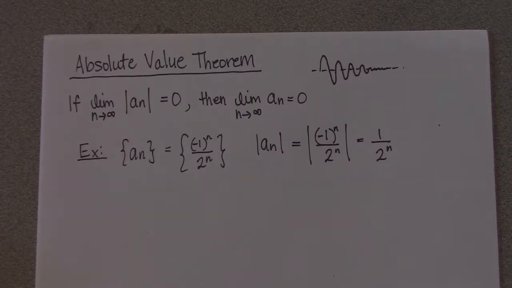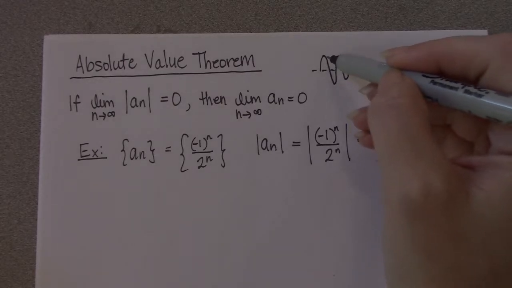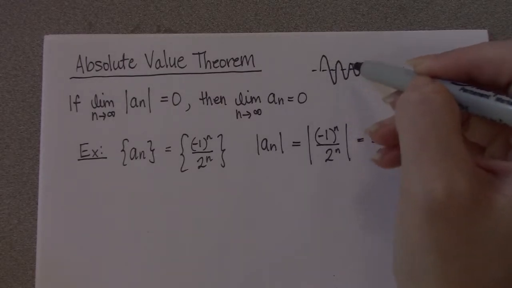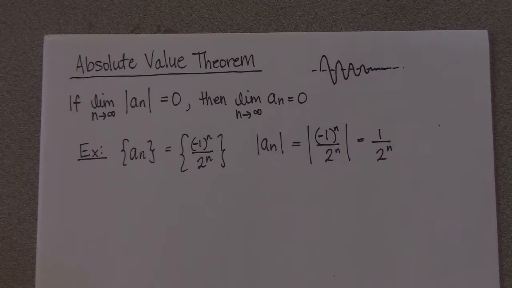So if you were to actually graph this, like if we looked at the positive case, we know this is 1/2, 1/4, 1/8, 1/16. But what this sequence is saying is, well, it's -1/2, positive 1/4, -1/8, positive 1/16, okay? So if I were to graph those, you would see that those fractions get smaller, smaller, smaller, right? They just bounce up and down as they do it.